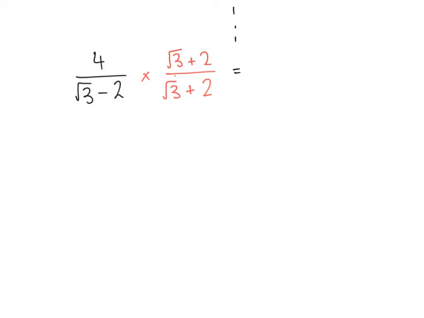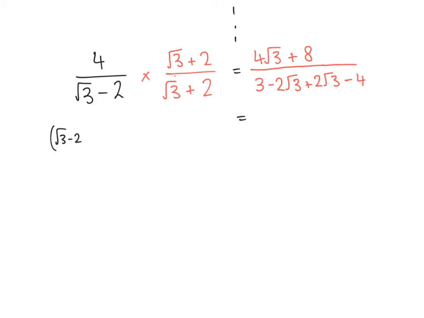When we multiply that top together, we get 4 lots of root 3, 4 root 3, plus 4 lots of 2, over the top of root 3 times root 3 is 3, minus 2 root 3, plus 2 root 3, minus 4.